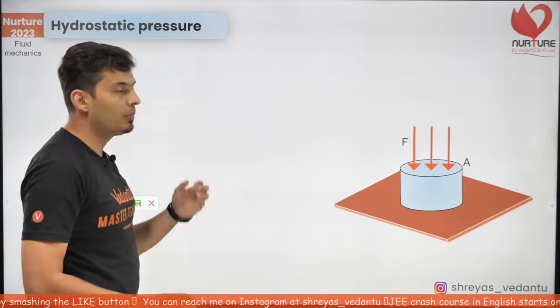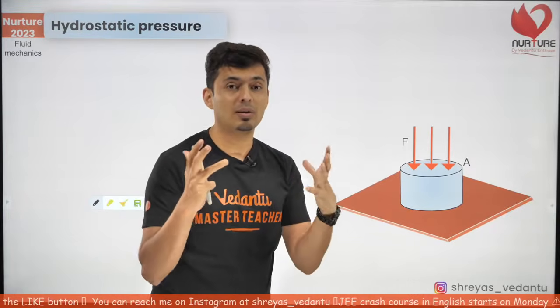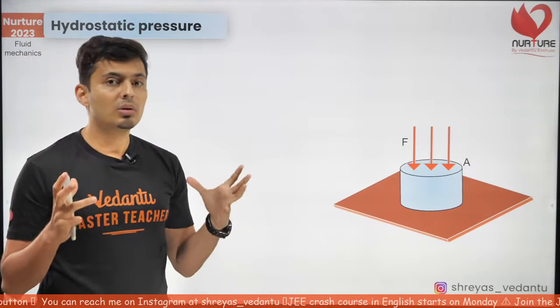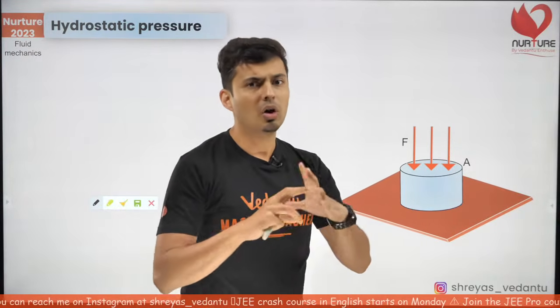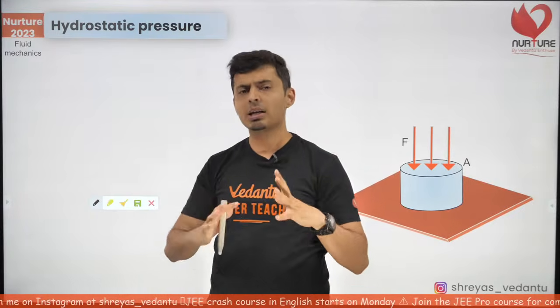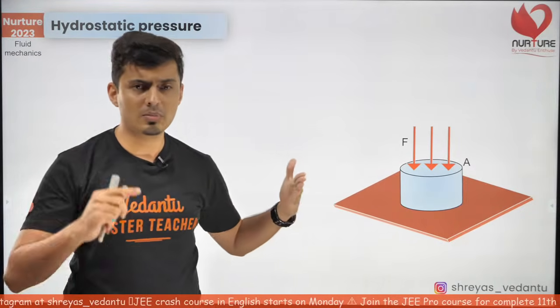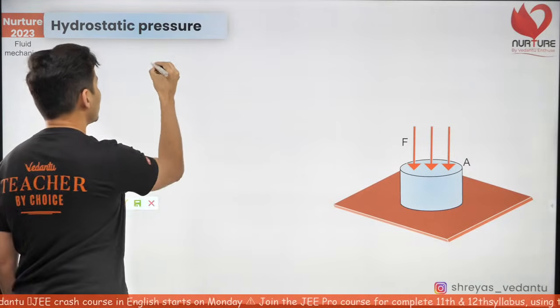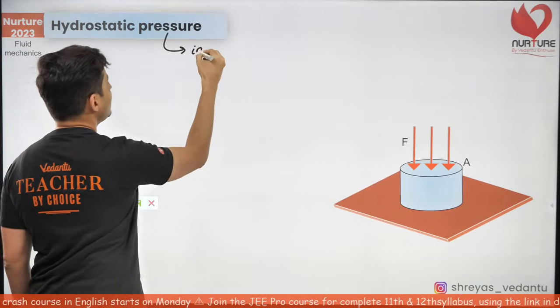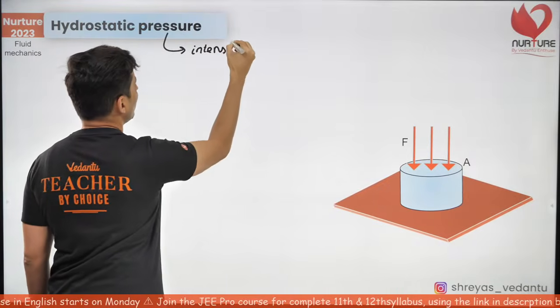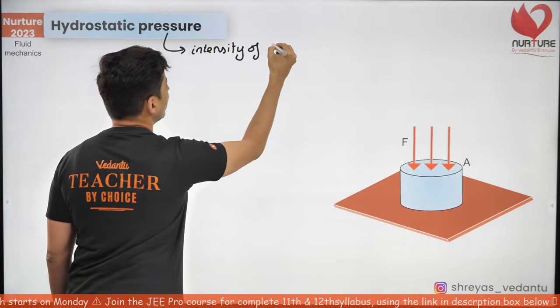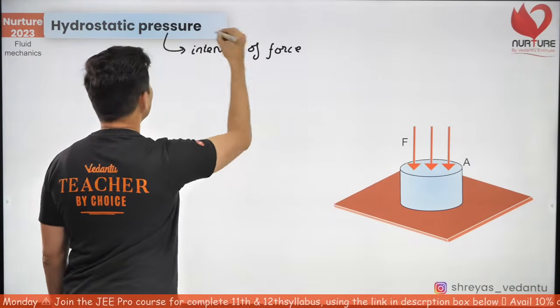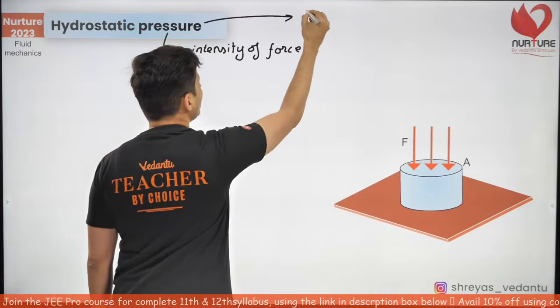You always talk about pressure of a gas, pressure of a liquid. You don't generally talk about force by a liquid. There are cases where we discuss force, but generally we talk about a property called pressure. This pressure is nothing but the intensity of force. Pressure is a word used only for fluids.